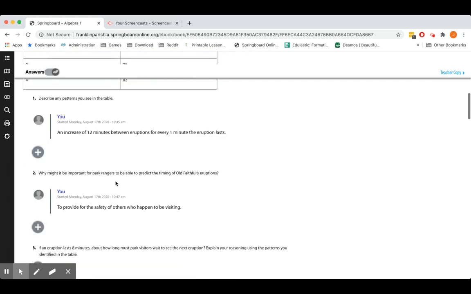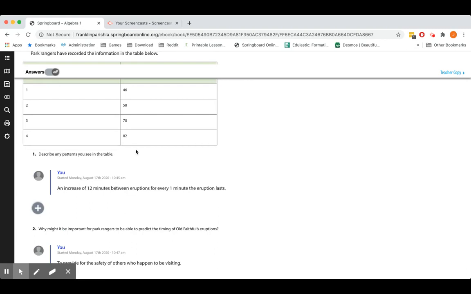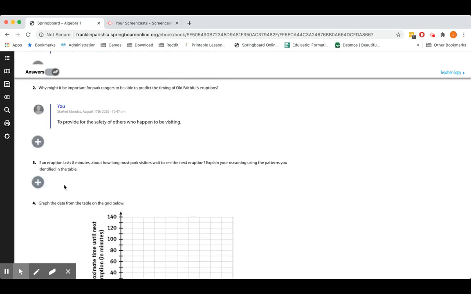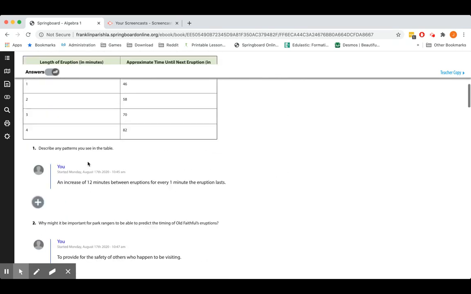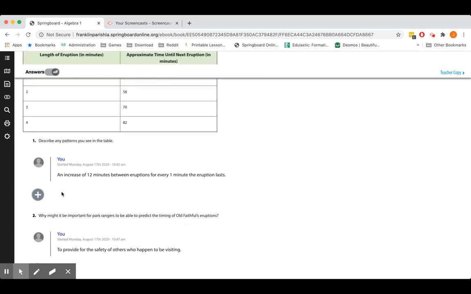We could just write that down and extend the pattern of the table: 5 and 94, 6 and 106, 7 and 118, 8 and 130. That's the answer, 130. And we got that by just extending the table and the pattern that goes along with it.